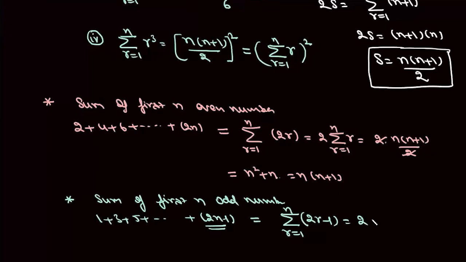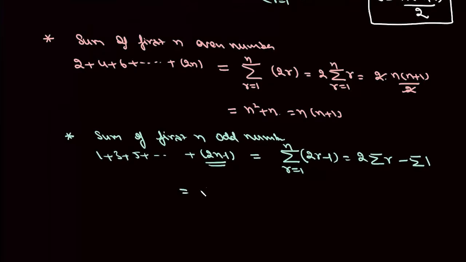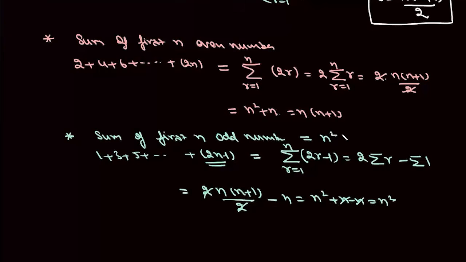Now we can split it as 2 times summation r minus summation 1. Now summation r is n into n plus 1 by 2, we know this formula, and minus summation of constant is simply n. So it will be n square plus n minus n. So this is n square. So we have this important result: the sum of first n odd numbers is simply equal to n square.